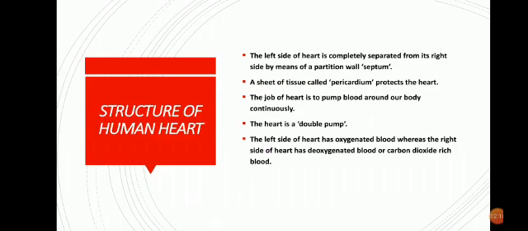Right, so it is necessary to keep this oxygen rich blood separate from the deoxygenated blood, so that it can supply a good amount of oxygen to the body cells for respiration and release of energy. And this partition is being done by what? The partition wall or the septum.